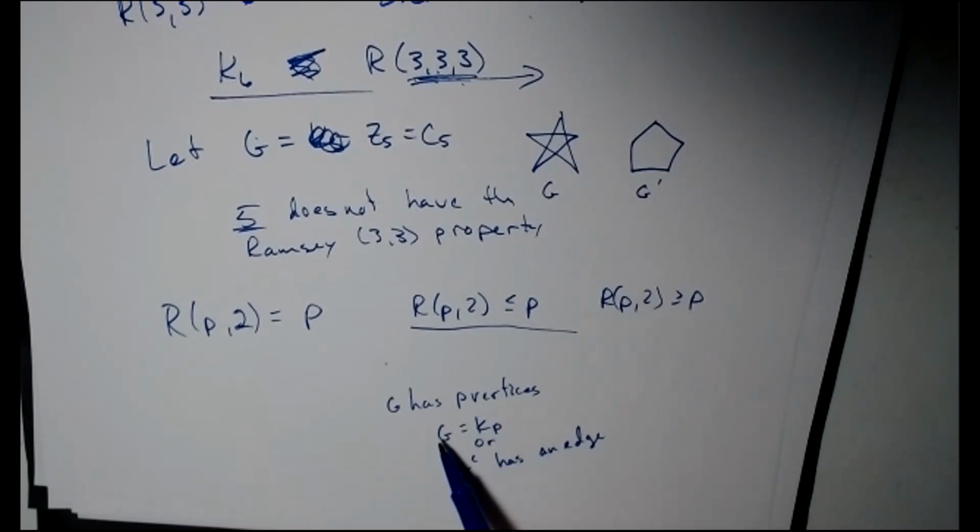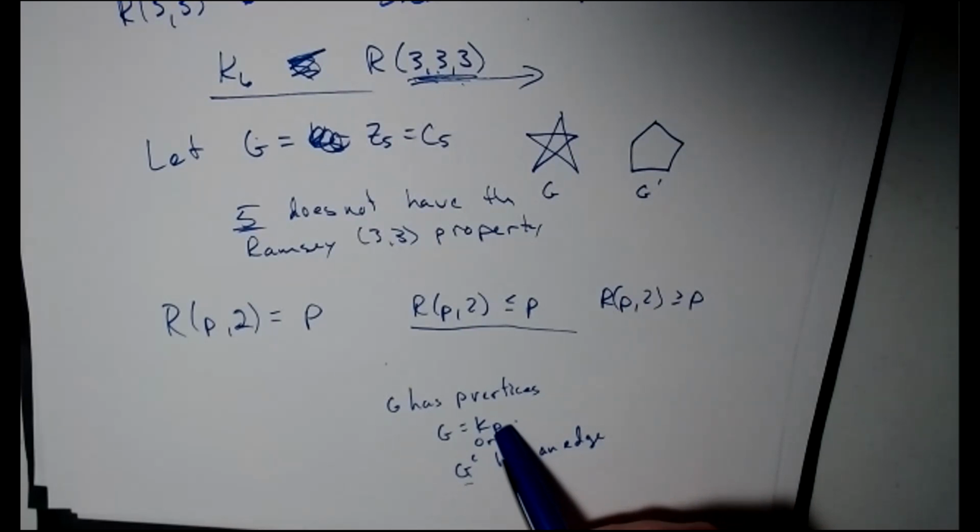Right? Those are, or I should say, this is the bare negation of that, not contrapositive. G complement has an edge is the bare negation of G is the complete graph on P vertices.